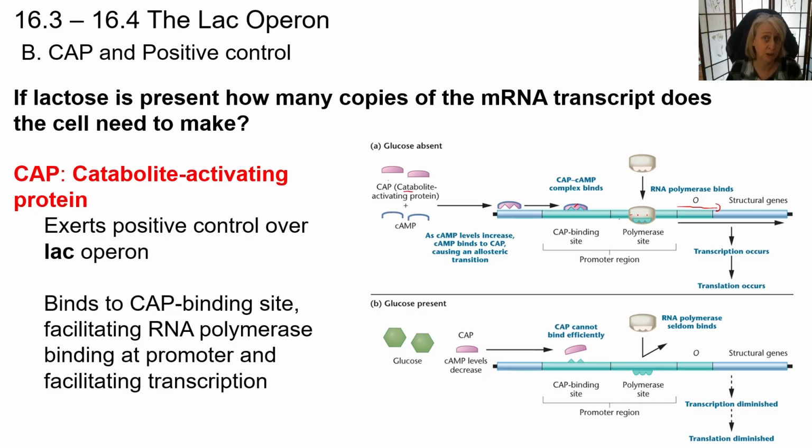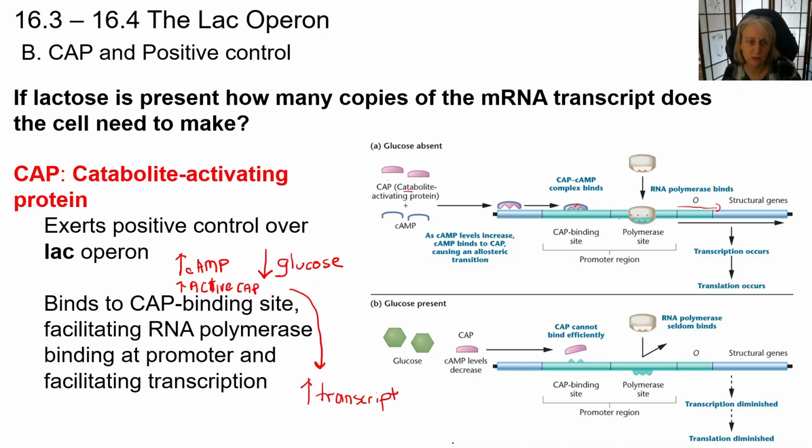The lower the glucose level is, the higher the cyclic AMP, the higher CAP is active. I'm going to write active CAP. And this leads to high efficiency of transcription.